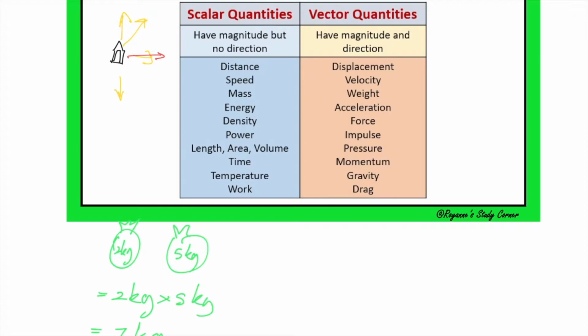But with vectors, we have an additional step, because what we just did there with adding the masses is really just adding magnitudes, because we have no direction with masses.